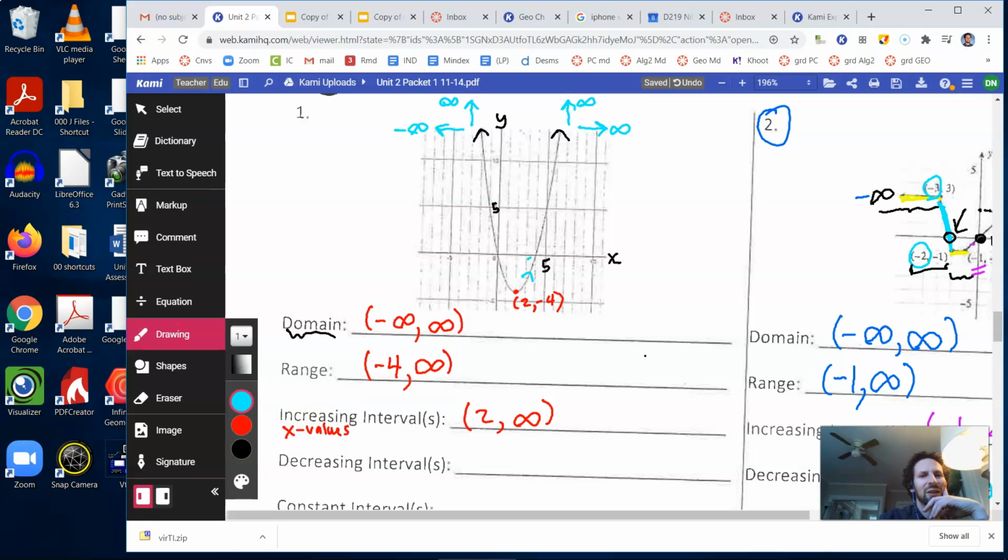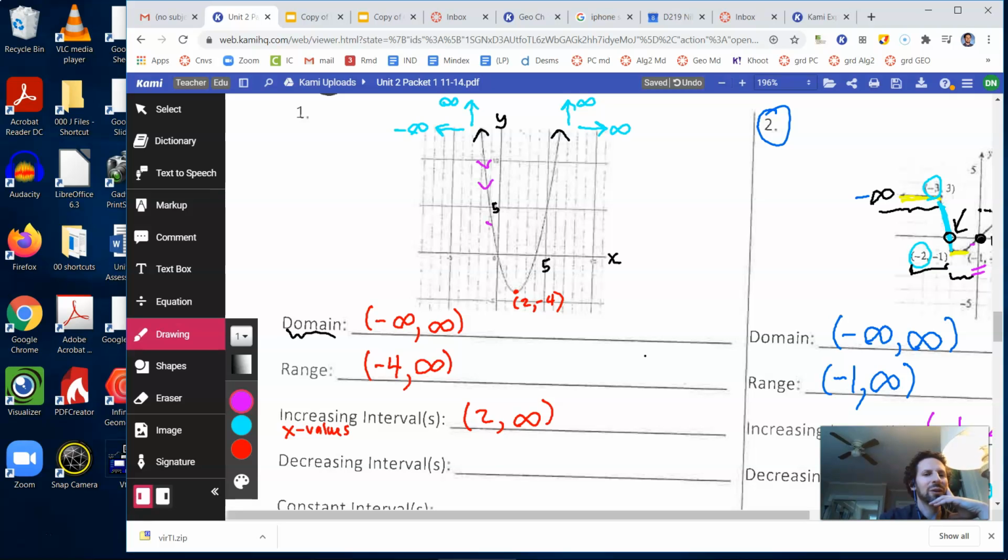And we see that the graph is going up from left to right. And so that's why 2, x value towards infinity, is our increasing interval.